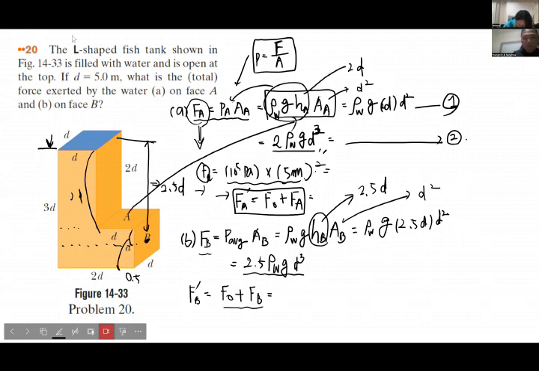So that should be a combination of this one, three. Oh, that should be two plus three. Okay. So now what you need to do is plug the numbers from this problem into this equation, and then tell me how much you have.